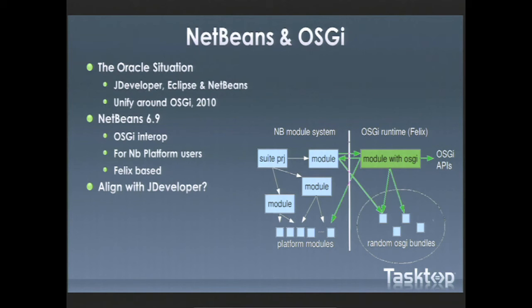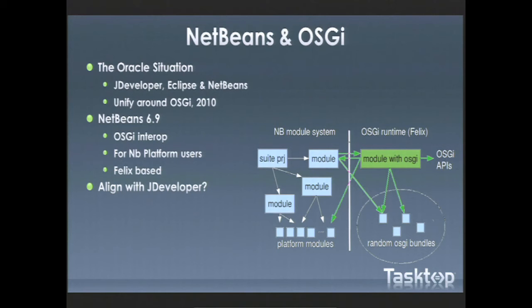So for that, I needed to patch Felix. Well, actually, my first version was heavily dependent on reflection. I was just messing with internal structures of Felix to convince Felix to load classes for a bundle from a NetBeans module.